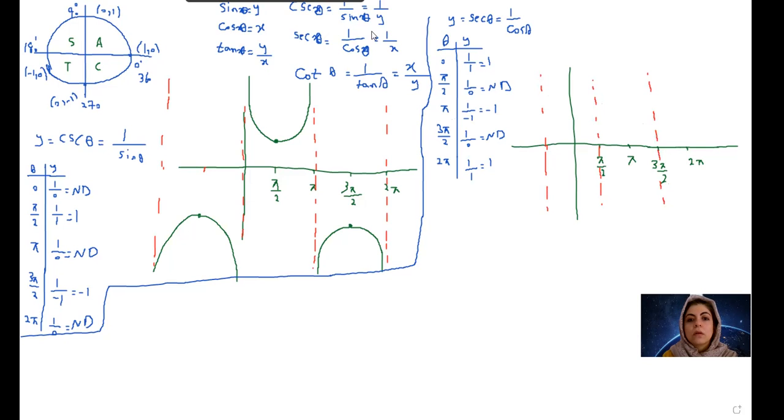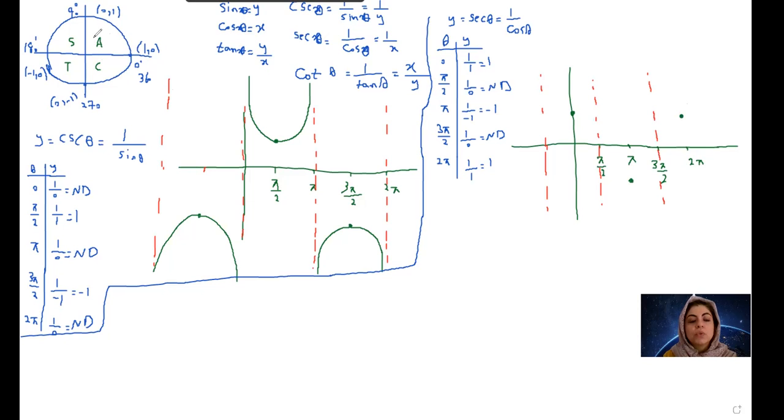Now, at 0 it is 1. So let's just see if this is this point. At pi it is negative 1. At 2 pi it is again positive 1. Now, see here, 1 over cosine.